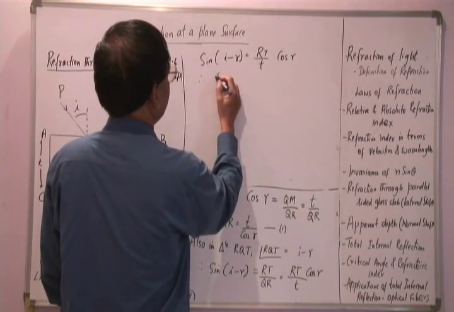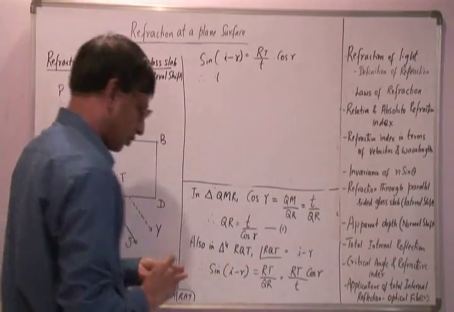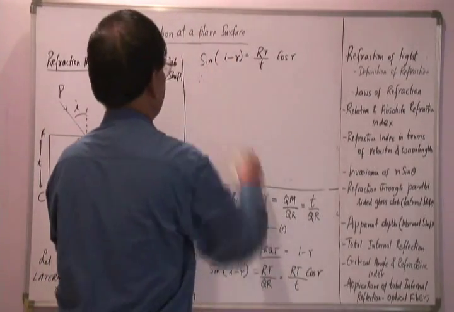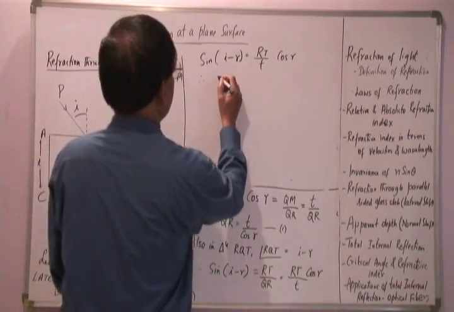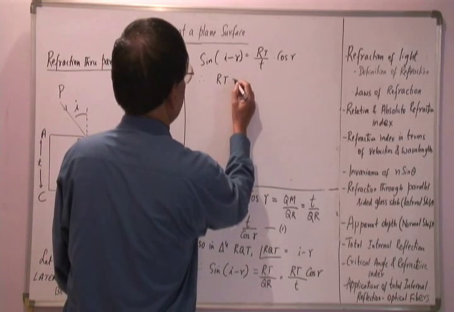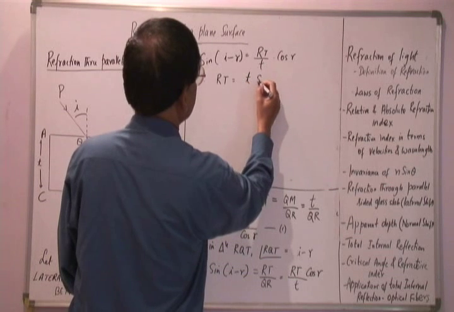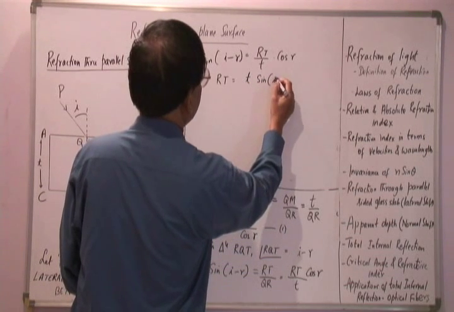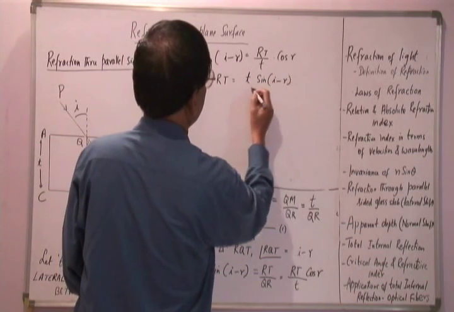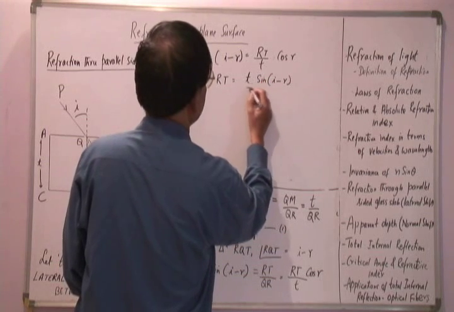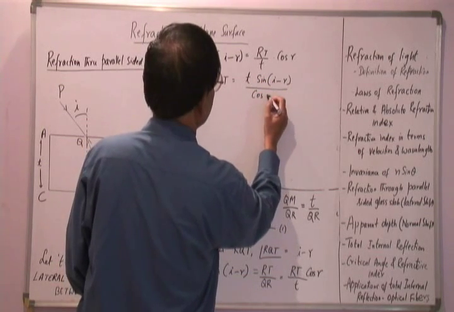Therefore, I want to find the value for RT, so let me get RT. RT is equal to T into sin(i − r) divided by cos r.